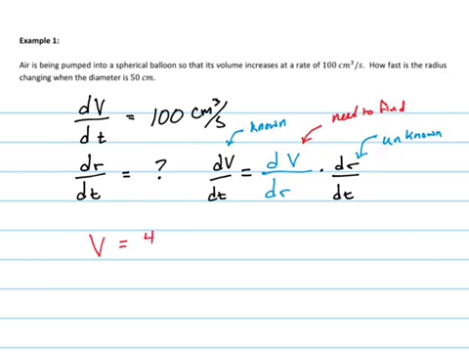Volume equals 4/3 pi times the radius cubed. Taking a simple derivative here, we don't even really have to use the chain rule with this one. We can stick with basic differentiation. We get 4 pi r squared.